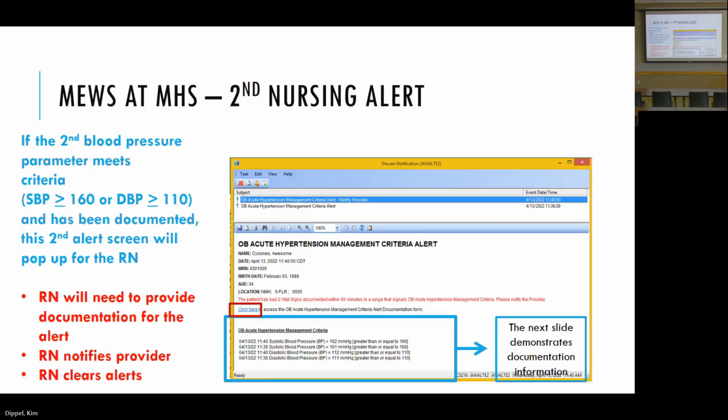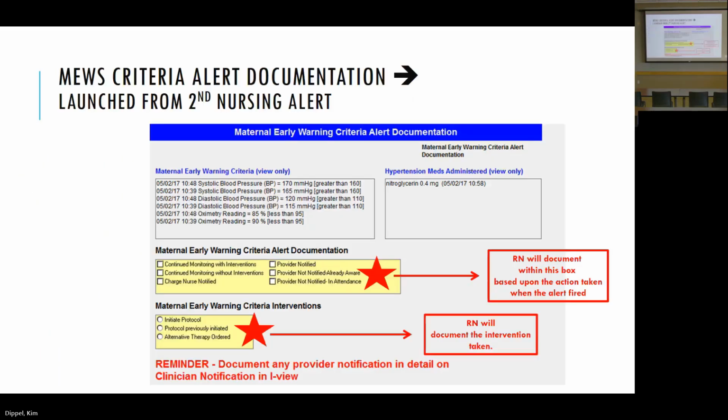She notifies the provider. She clears the alert, and the RN will document the intervention in this box, initiate the protocol. And then also it gives a reminder to document any provider notification detail in clinical notification and iView. You'll have to select initiate protocol.